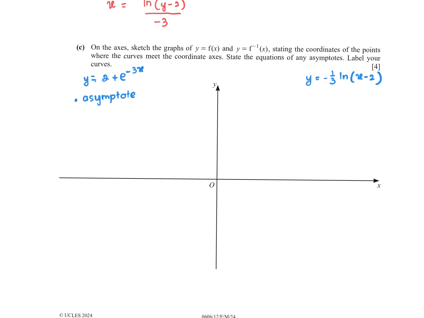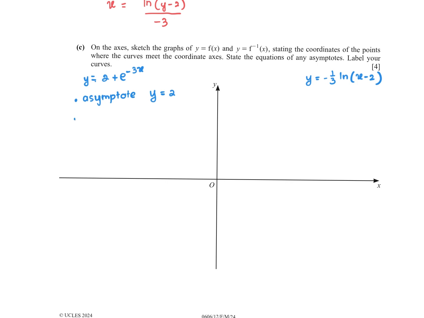Remember in part A, when you find the range of the function is y greater than 2, that means whatever the x that you substitute, your range is greater than 2. So the borderline is called the asymptote, is y equals 2, because all the range must be greater than 2.